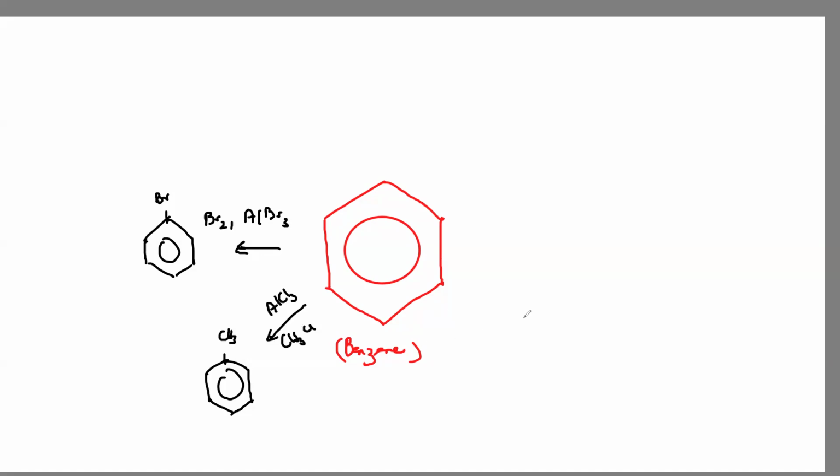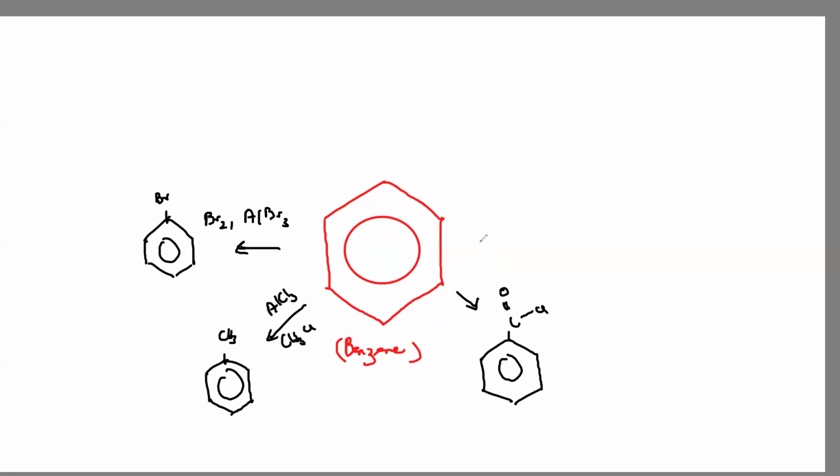And if we want a benzoyl chloride, the benzene ring is there, and we have the C double bonded with O and Cl, so that is a benzoyl chloride.